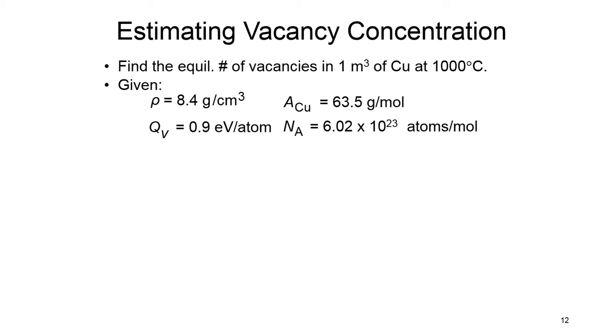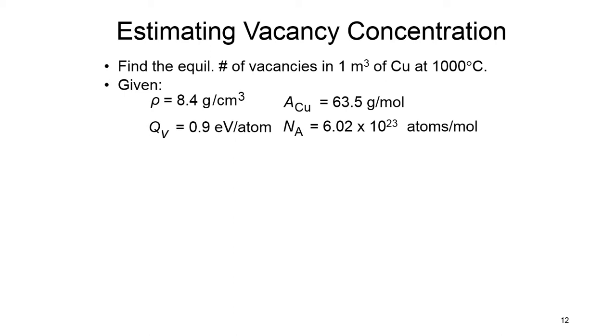Okay, here is an example. We want to estimate the vacancy concentration and find the equilibrium number of vacancies in 1 meter cube of copper at 1000 degrees Celsius. So because it's copper, we go to the very first page of the book and look for its physical and some chemical properties.